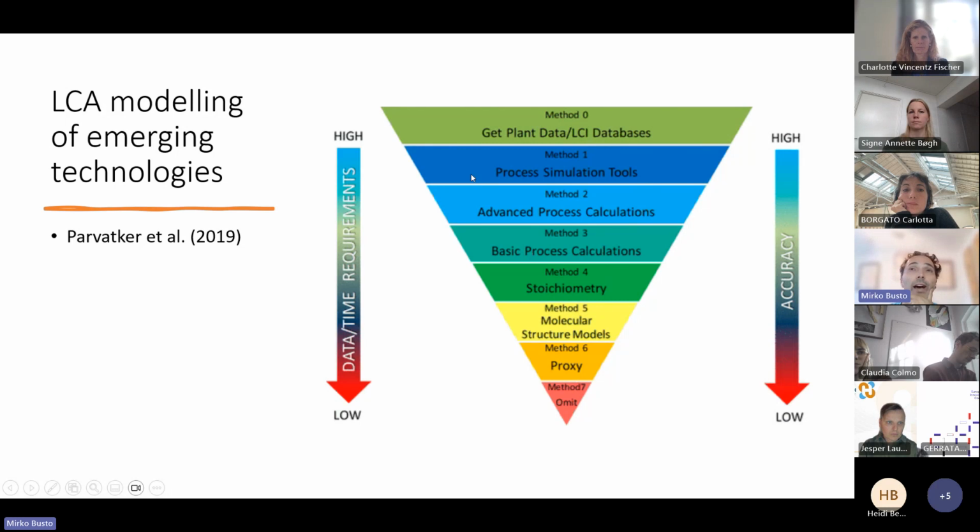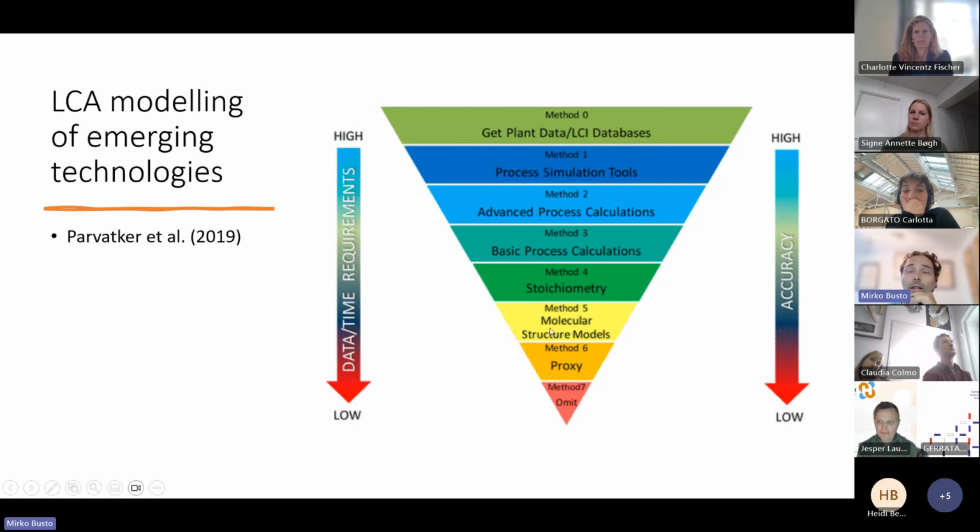But if we have enough data on the specific process, we can use process simulation tools to build a process model and extract the mass and energy balance from that, electricity production, energy consumption from these kinds of tools. Or if we have even less data, we can use advanced or basic process calculation models. We can use stoichiometry.